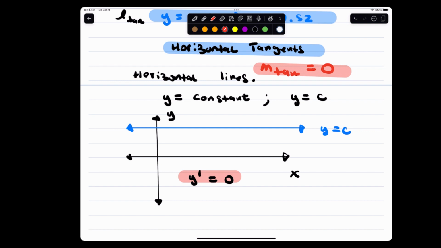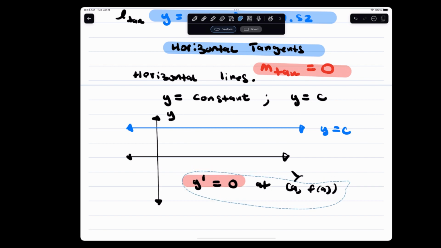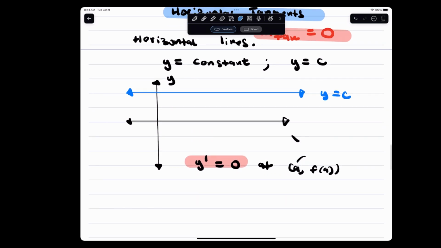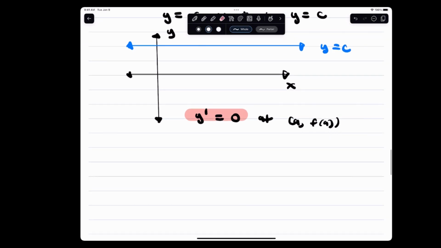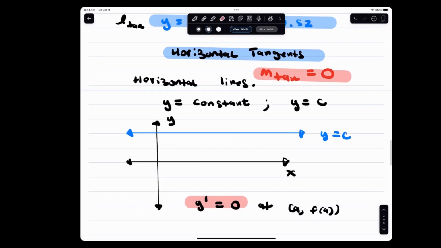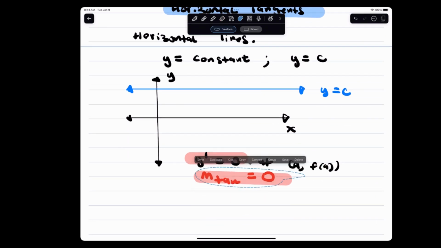So the derivative will be 0 at some location, at some a, f of a. Wherever the derivative is 0, that's the location of a horizontal tangent line.